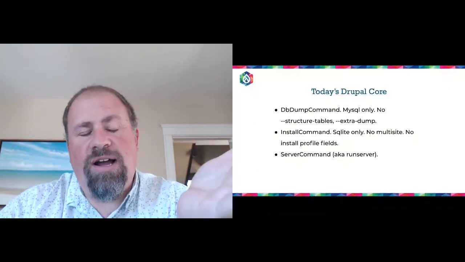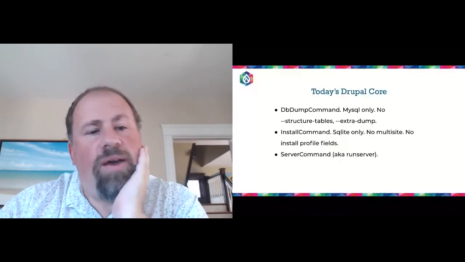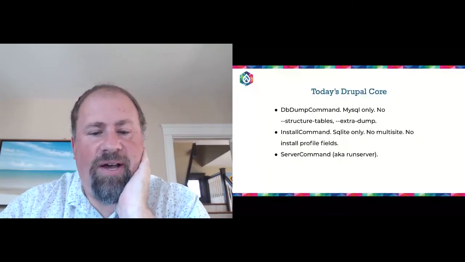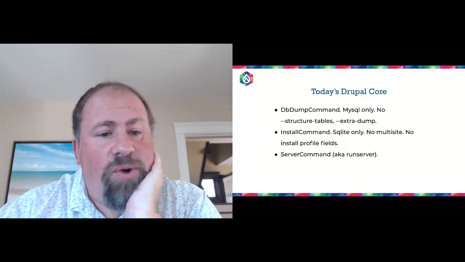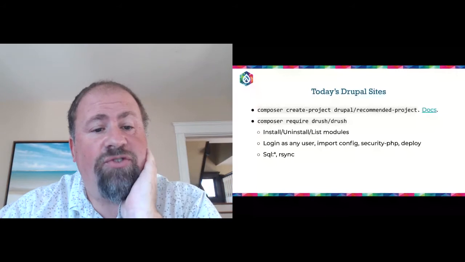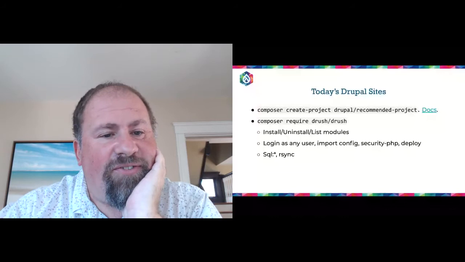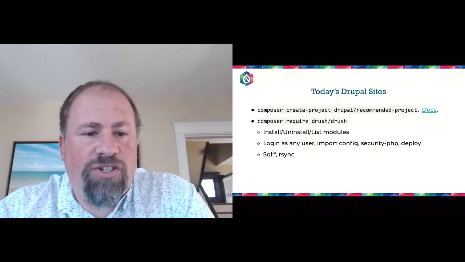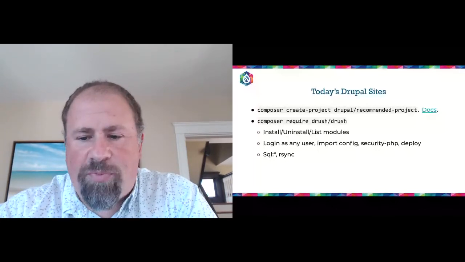This is Drupal core. This is how Drupal sites get built nowadays, per our documentation. You start out with composer create project, and you pass an argument Drupal recommended project. If people aren't yet familiar with recommended project, it is a slimmed down version of what we used to use called the Drupal Dash project.